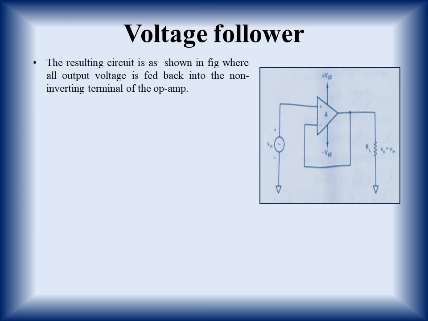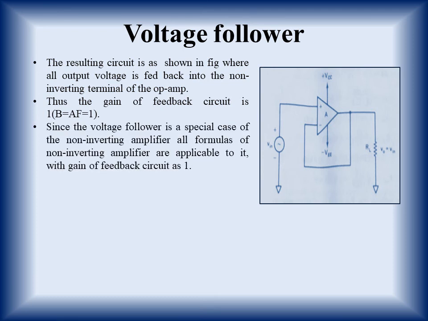The resulting circuit is as shown in figure, where all the output voltage is fed back into the inverting terminal of the op-amp. Thus the gain of feedback circuit is 1. All the voltage is being fed back, so gain of the feedback circuit will be 1. This means that B and AF both will be 1.